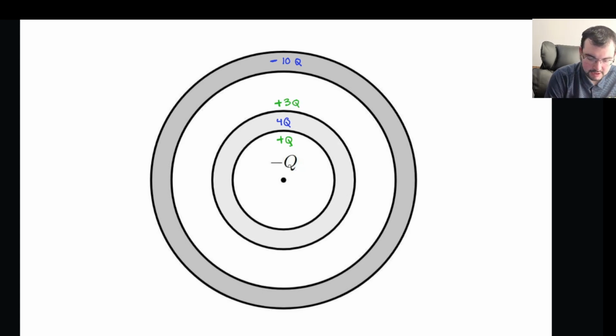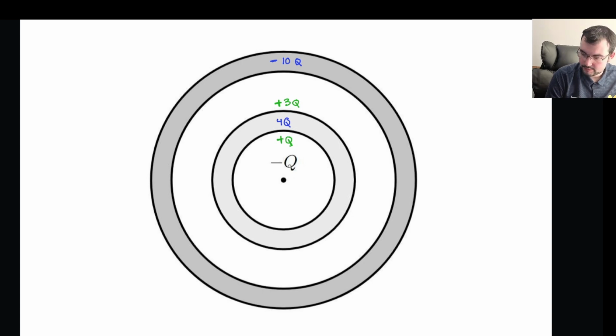Method 2 says I could have instead just used the shell theorem and said that outside the system, it looks like a point charge holding the net charge of the system. So I have a point charge with charge negative Q, and I have a shell with charge 4Q. So my net charge, which lives on the outer surface, is going to be 4 minus 1, which is plus 3.